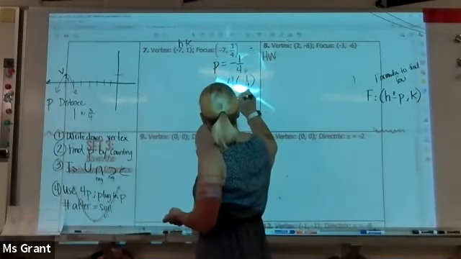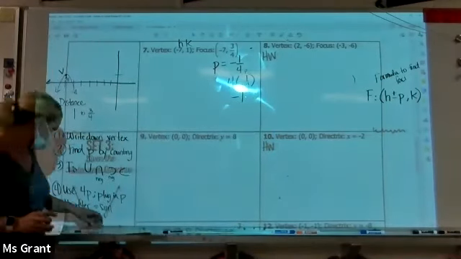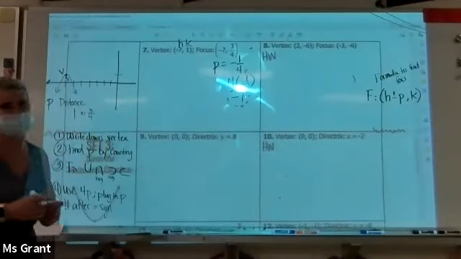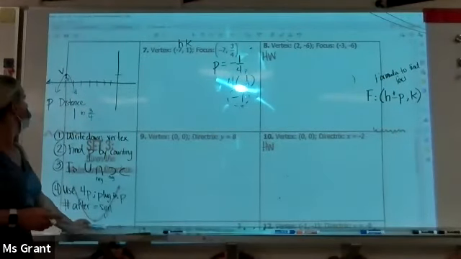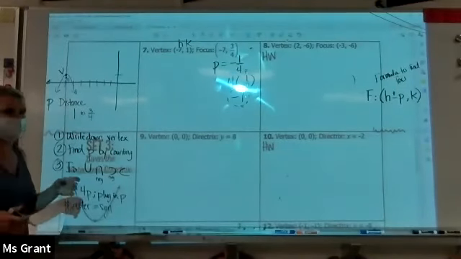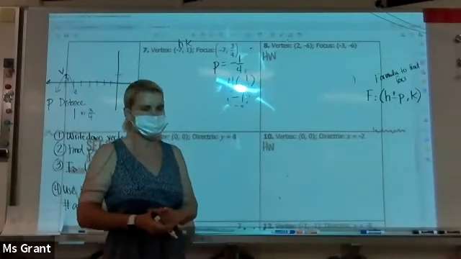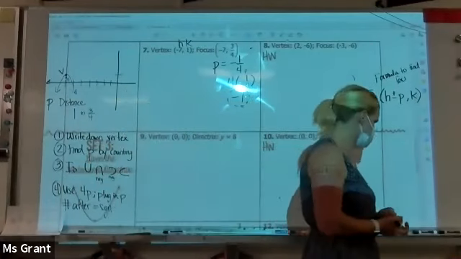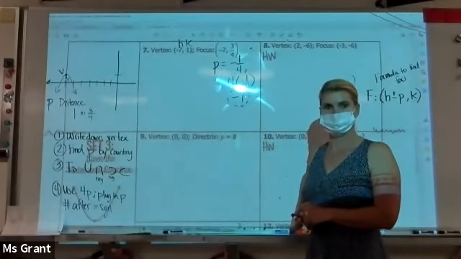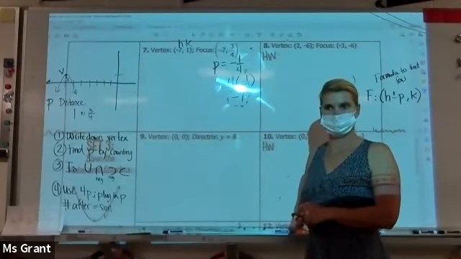4P. 4 times minus 1/4. So this is the number that goes after the equal sign. Is this an x squared in front? Is this a y squared in front? What is it? X squared.